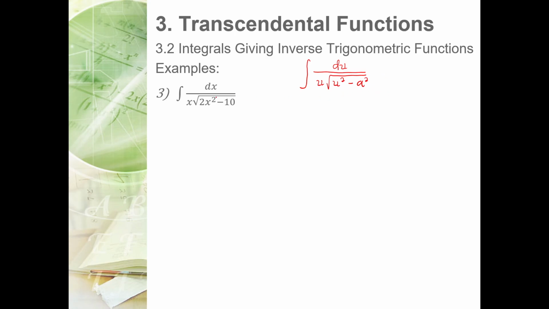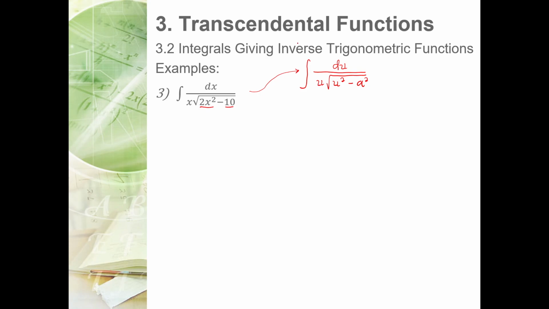So notice that your u squared here is not a perfect square, and your a squared here is also not a perfect square. So despite not being perfect squares, since it follows the format, we still expect an answer in the inverse trigonometric function.